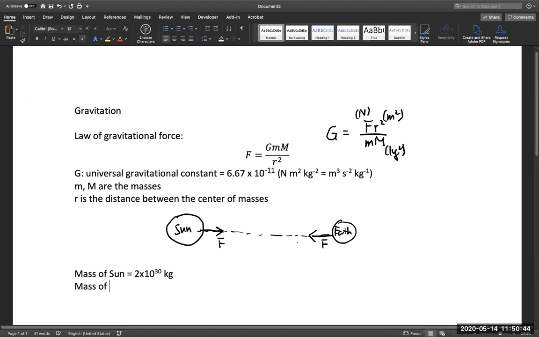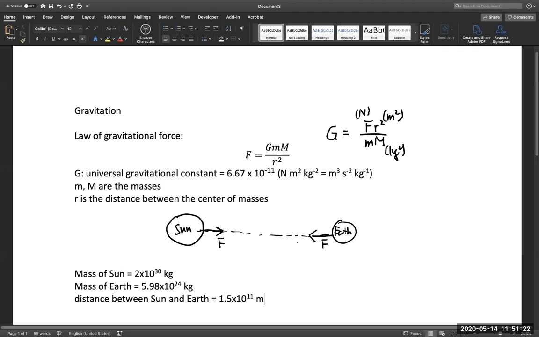And then the mass of Earth is 5.898 times 10 to the power 24 kilogram. And then the distance between the Earth and Sun, does anyone know it? 1 AU, if you know that unit. But in terms of meter, it's 1.5 times 10 to the power 11. That is the average distance.